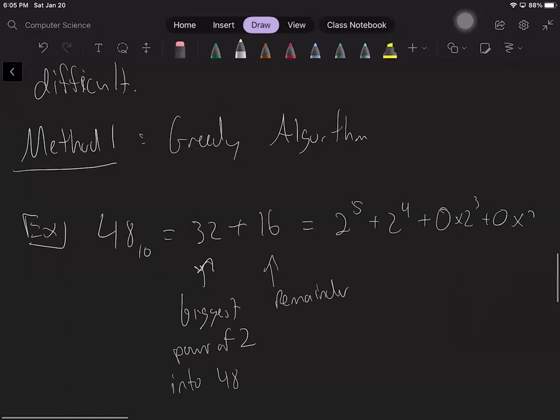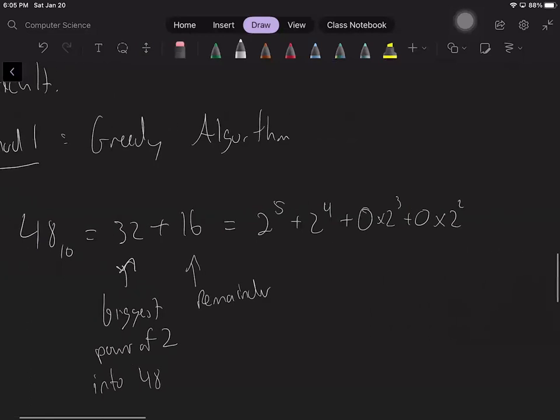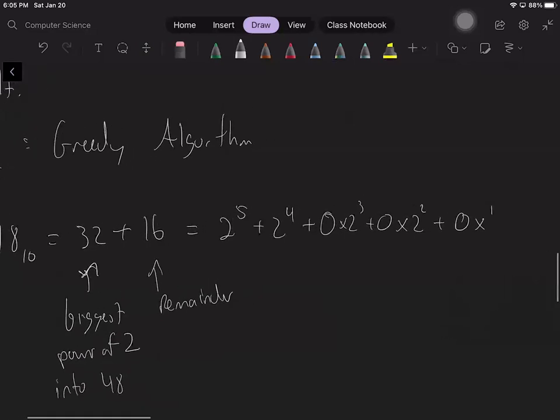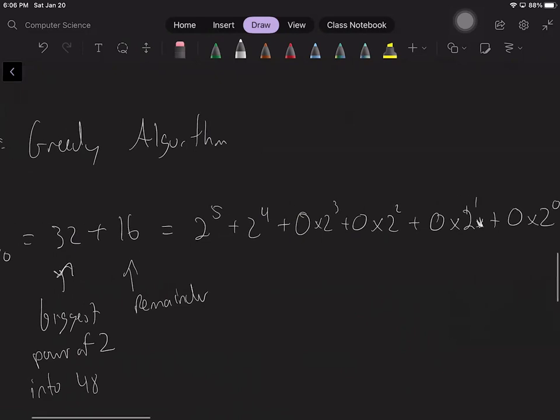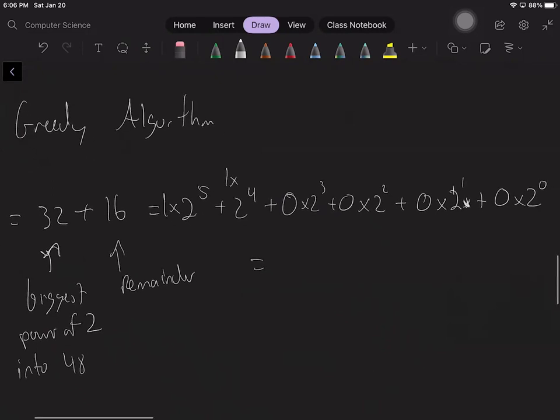So in binary, we could read this out now, once you write out all the symbols. There's no 2 to the 1s, and there's no 2 to the 0s. But there's one of these and one of these. In binary, we read it from right to left, or we could do it from left to right.